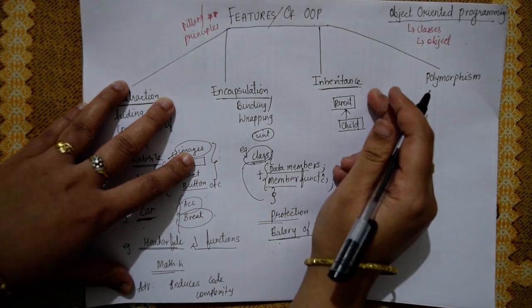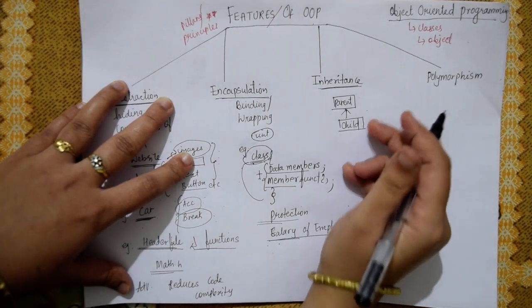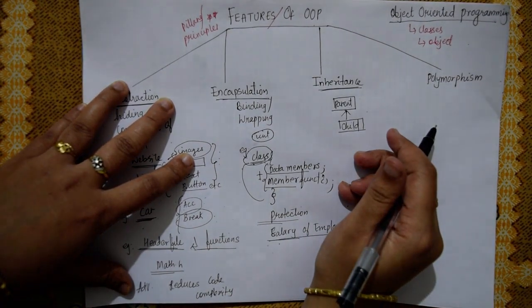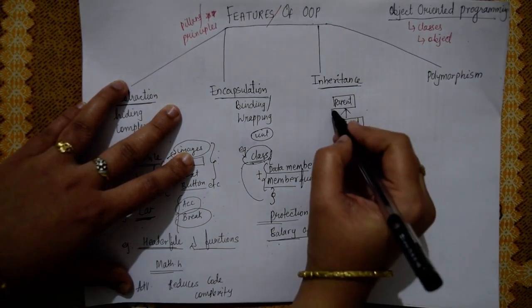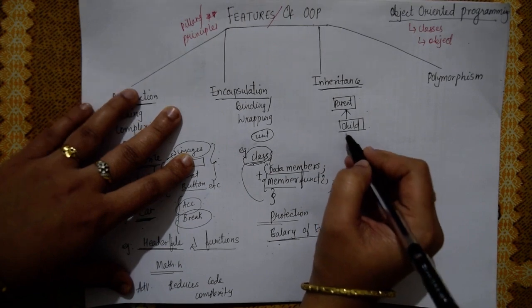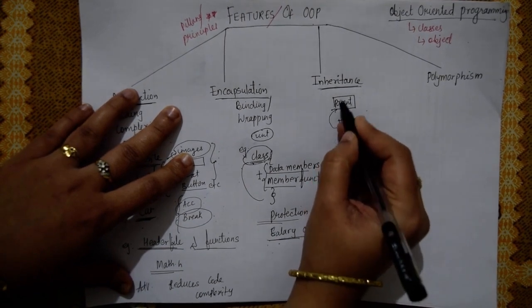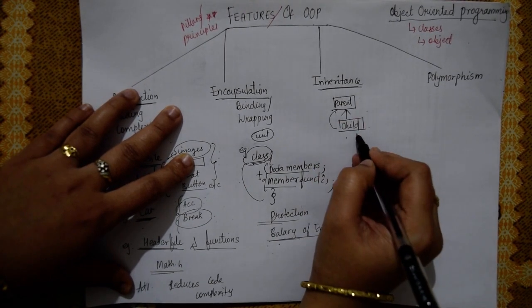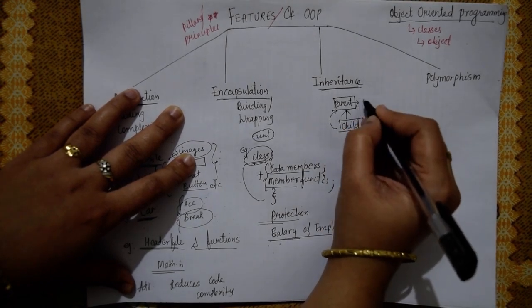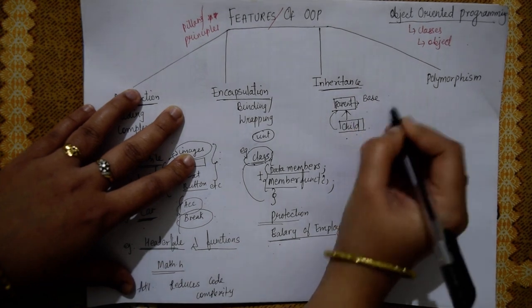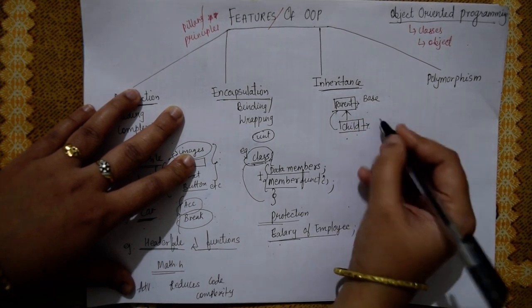And we have our own characteristics too. So the same concept is used here, parent and child. The child can acquire properties from the parent and can have its own properties too. So the parent class is called the base class and the child class is called the derived class.